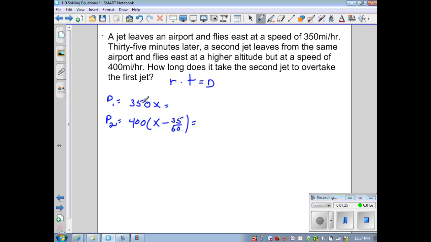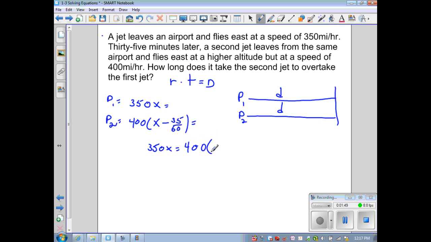Now, what do we know about these two planes? P1 left and then P2 left a little bit later, but at some point, since it flies faster than the first plane, their distances are going to be equal. So we can set these two values equal. 350x equals 400x minus 35 over 60.